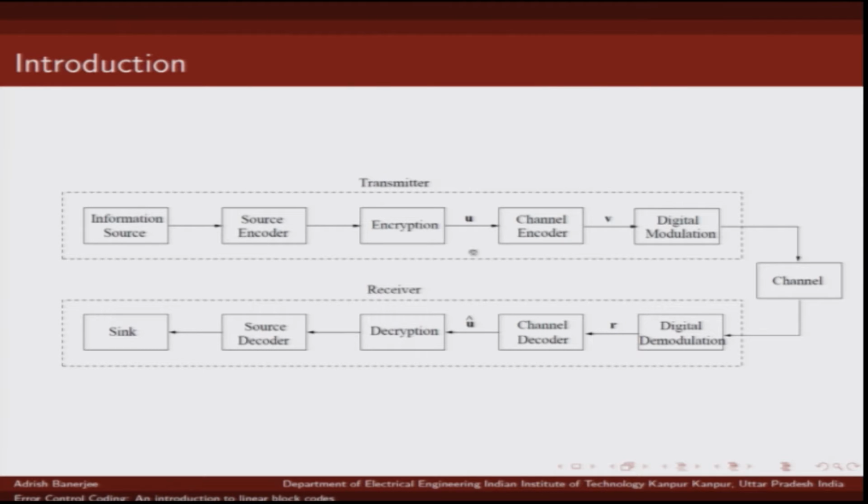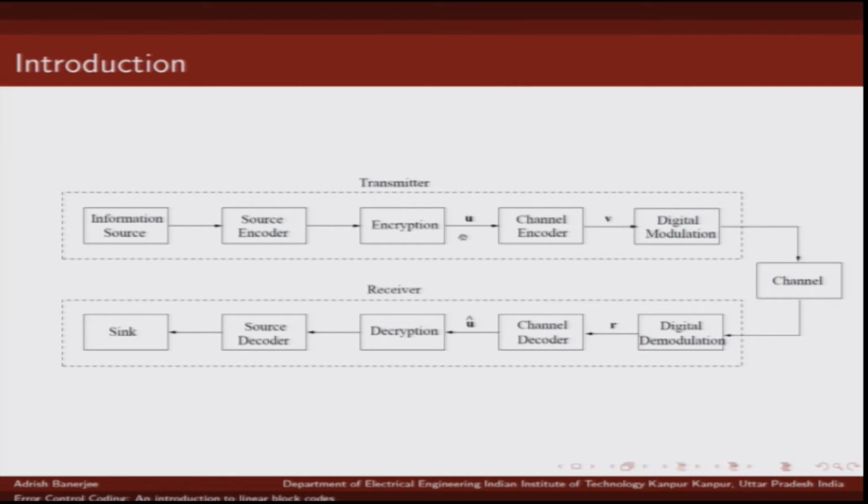The next block, which is of our interest in this course, is what is known as the channel encoder. It takes as input information bits and gives us as output the coded bits.